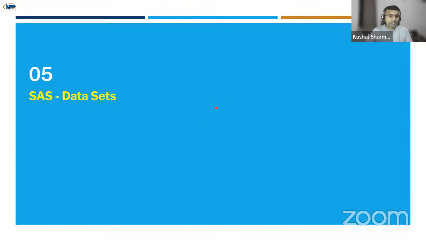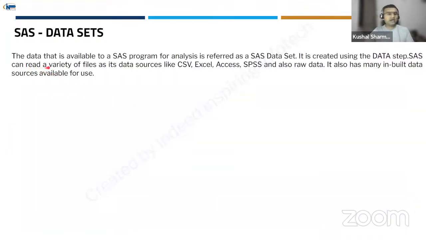Okay, so SAS datasets. The data that is available to a SAS program for analysis is referred to as a SAS dataset. It is created using the SAS data step. SAS can read a variety of files as its data sources like CSV, Excel, Access, SPSS, and also raw data. It also has many built-in data sources available.